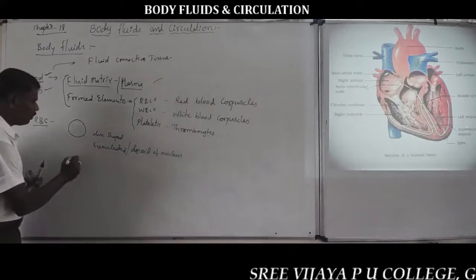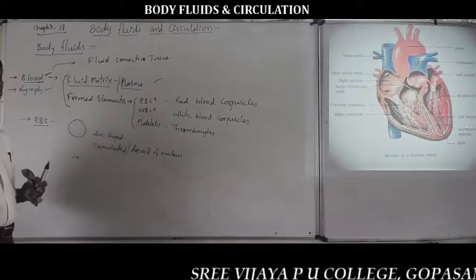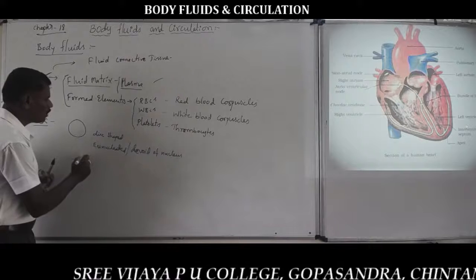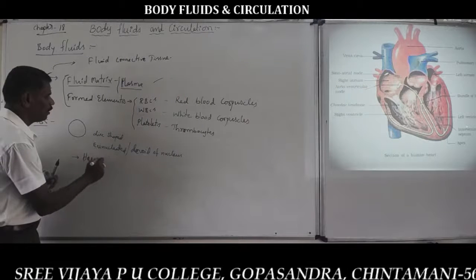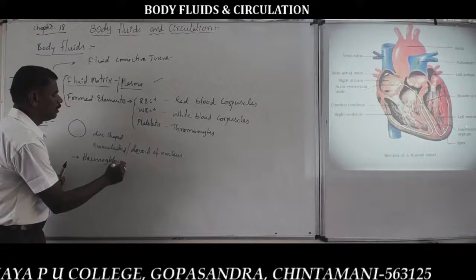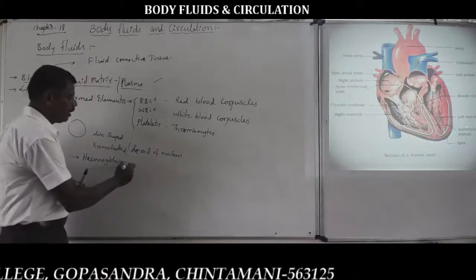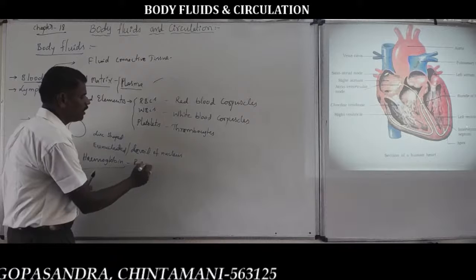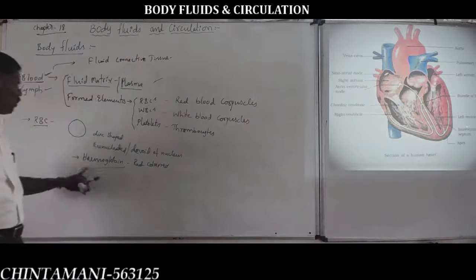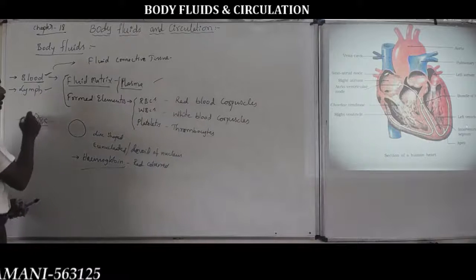These RBCs contain a specialized protein called hemoglobin, which gives the red color. As hemoglobin is present, the RBCs are red colored.